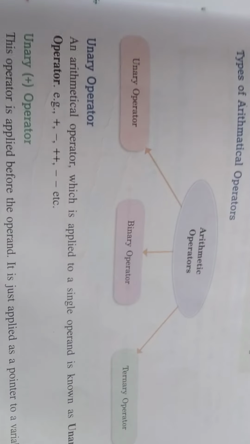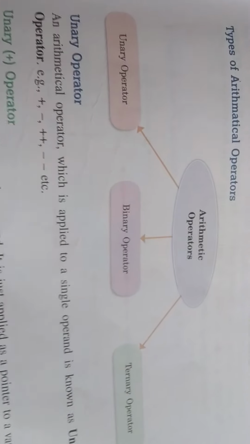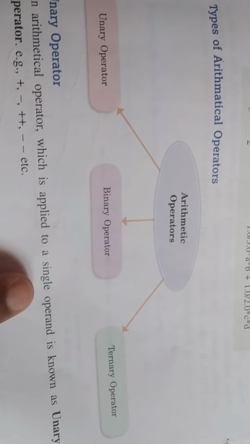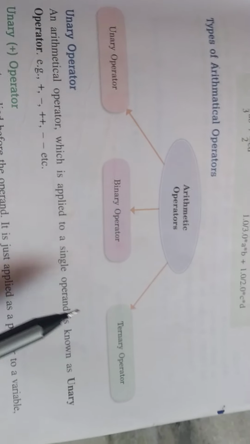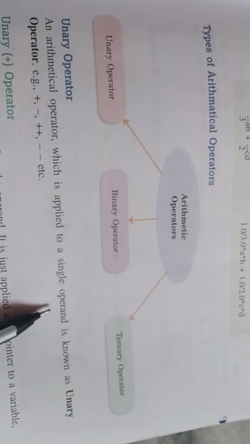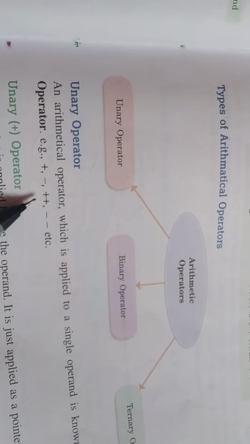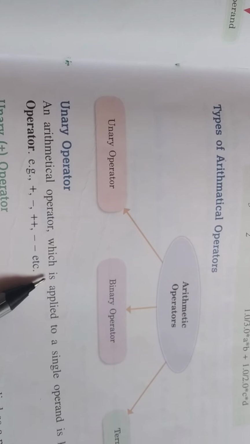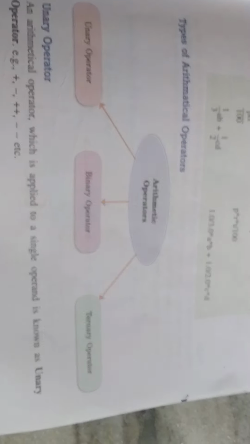So unary means an operator that does its work on a single operand. A single operand means a single variable. For example, plus, minus, plus plus, minus minus are known as unary operators. Clear?